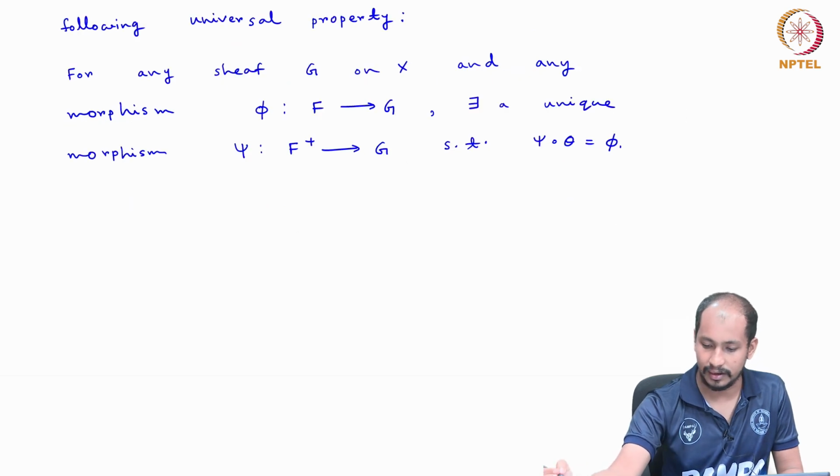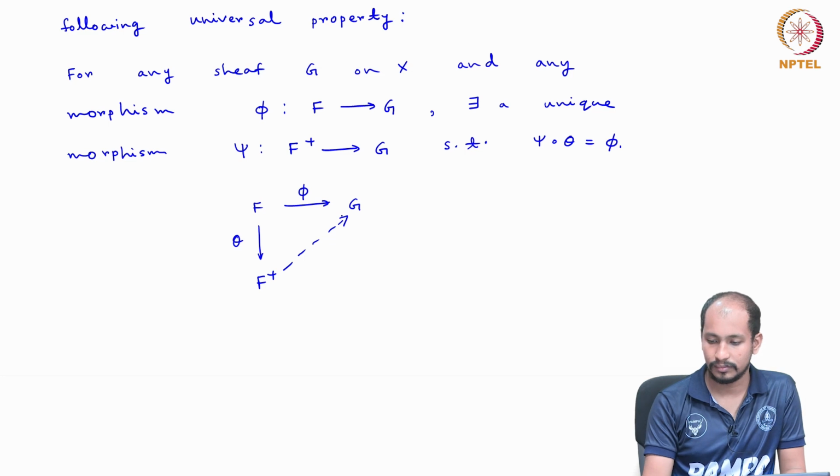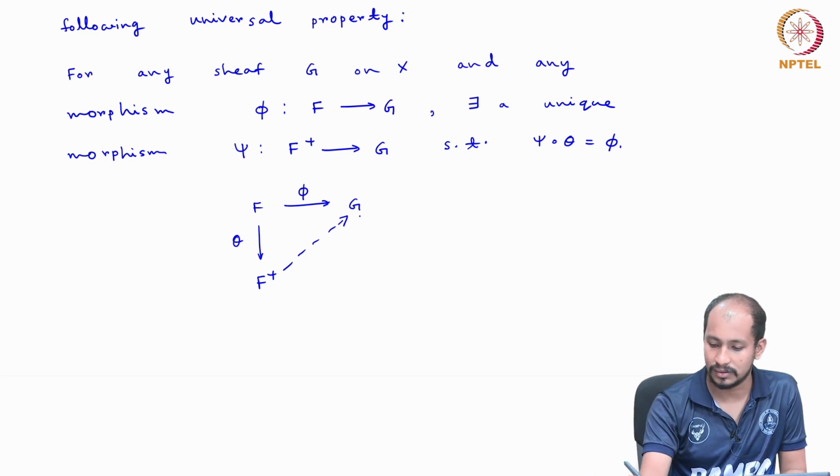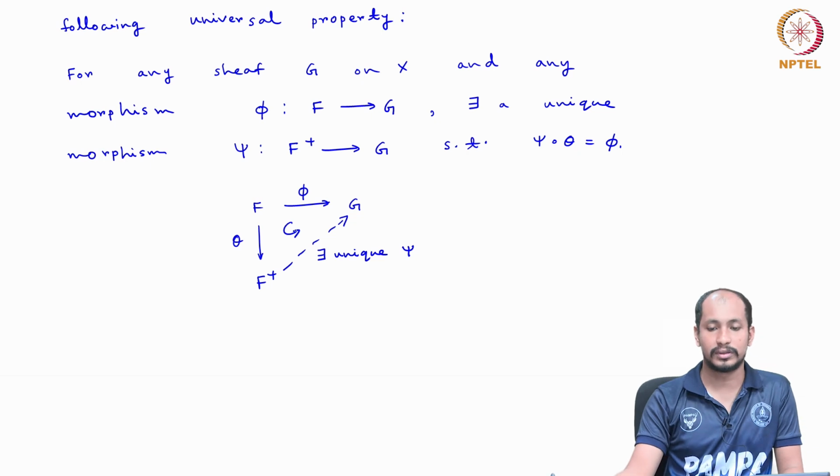It means this diagram: from F to G we have a map, and from F to F plus we have a map. This is theta, this is phi. So, there exists a unique morphism from F plus to G, say psi, such that this diagram commutes.